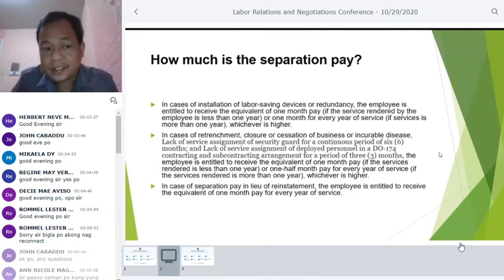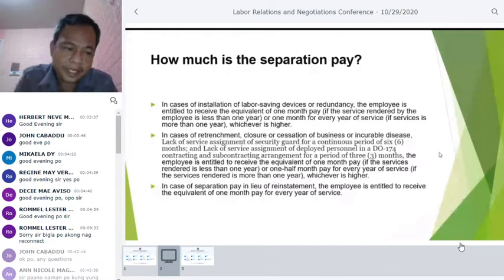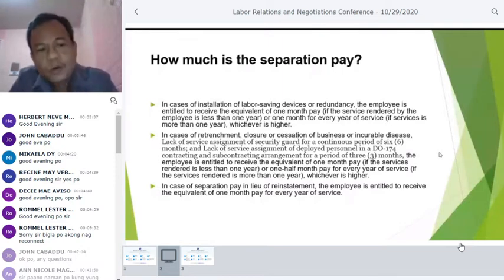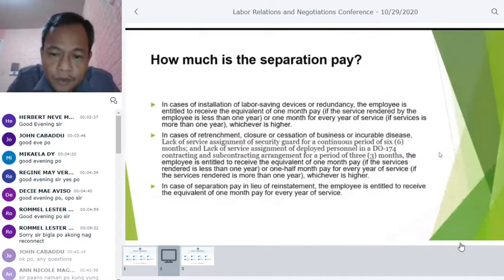Now, second bullet. In cases of retrenchment, closure or cessation of business, incurable disease, lack of service assignment of security guard for a continuous period of 6 months, and lack of service assignment of deployed personnel under DO 174 and under contracting and subcontracting arrangement for a period of 3 months.